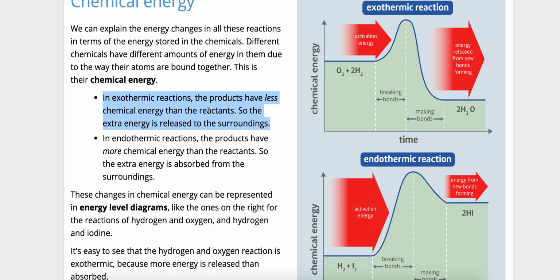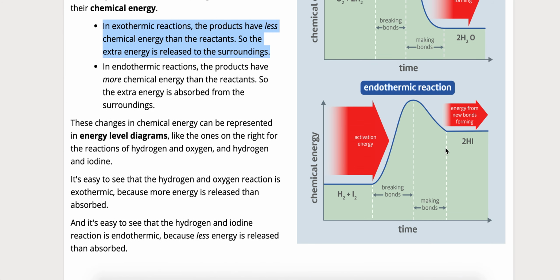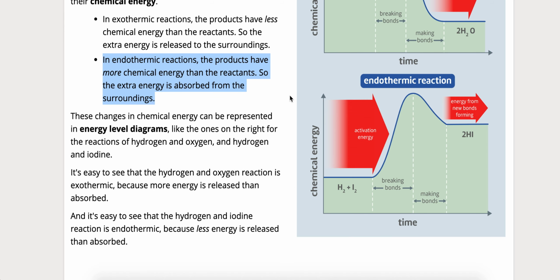What this sentence is saying is that in exothermic reactions, the products, this right-hand side here, have less energy, so it's lower on this chemical energy scale, than the reactants, which is significantly higher. So the extra energy is released to the surroundings. And if we take a look at this bottom diagram and match it up with this description, we know it's an endothermic reaction.